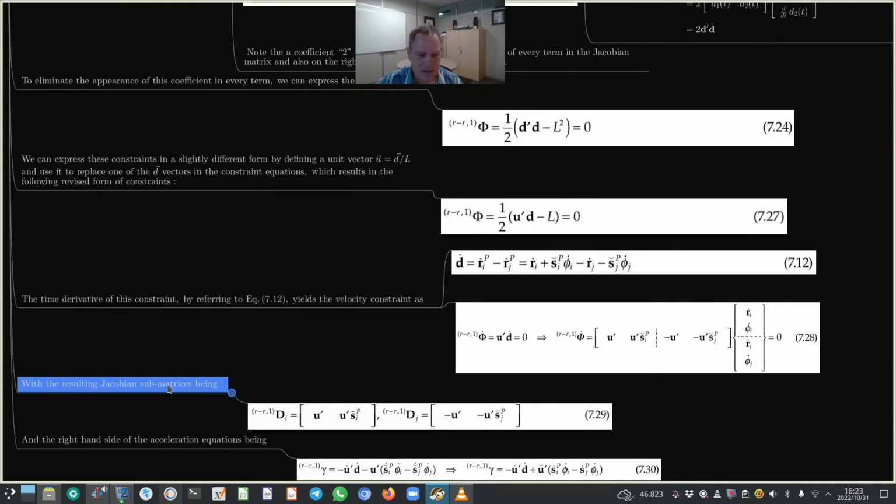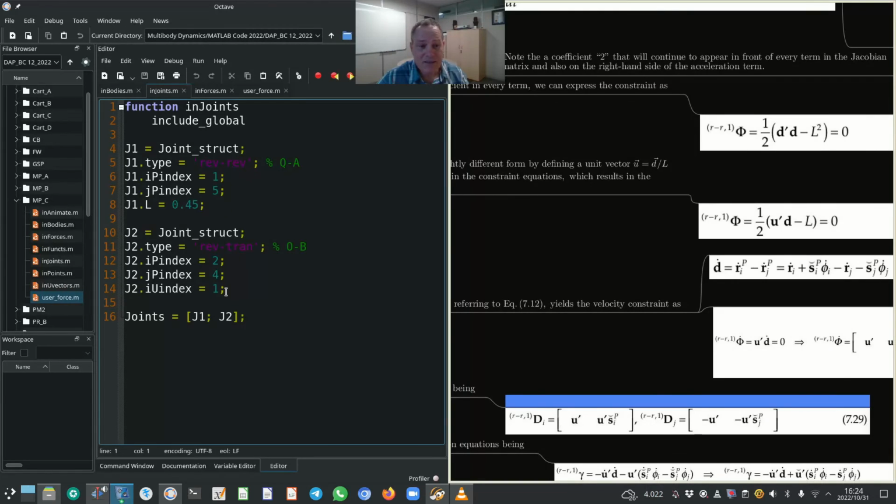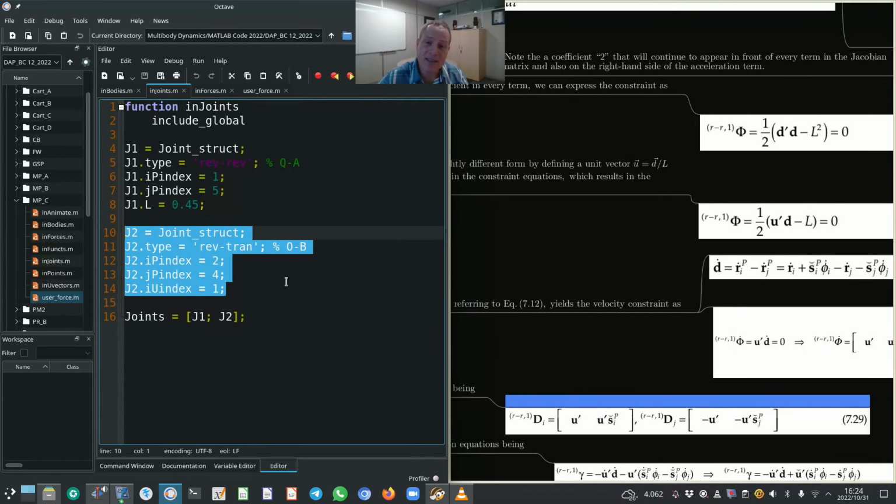The resulting Jacobian submatrices are U transpose SPI rotated, and minus U transpose SPJ rotated. Let's look at how Prof. Nikravesh defines what parameters are defined in the input file in joints for this McPherson_C suspension.